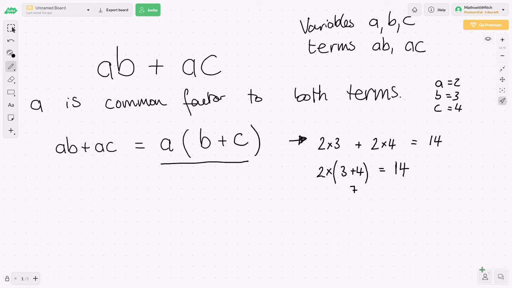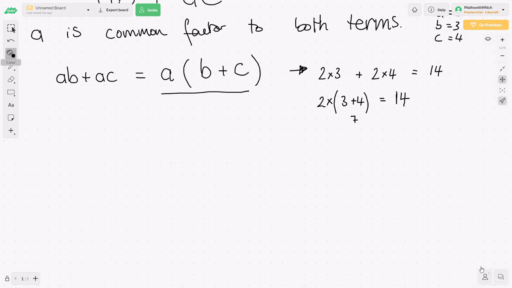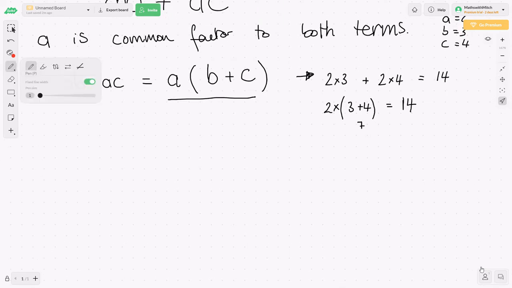So now let's look at another example, but using a coefficient that isn't just 1. We'll use some different letters again to keep mixing it up and make it exciting for us. So let's say 3pq plus 3pr.